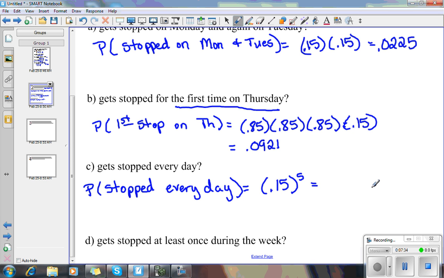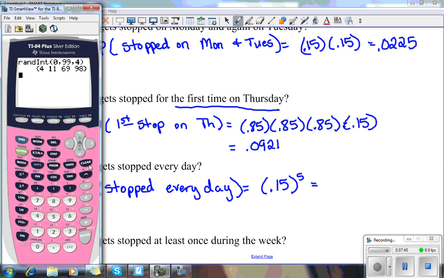you should get, now if you do this on your calculator, you need to make sure you are aware of what your answer shows. So if we have 0.15 raised to the 5th power, make sure you know what this e minus 5 means. This is scientific notation, 7.59 times 10 to the negative 5th power.